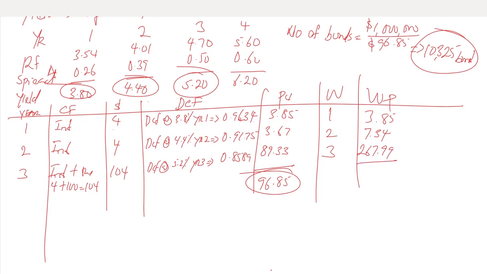So if I sum up, plus 7.34 plus 3.85, that gives me 279.18.